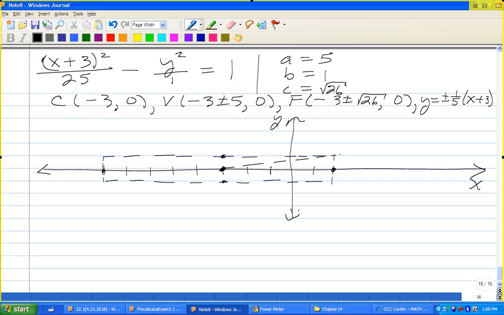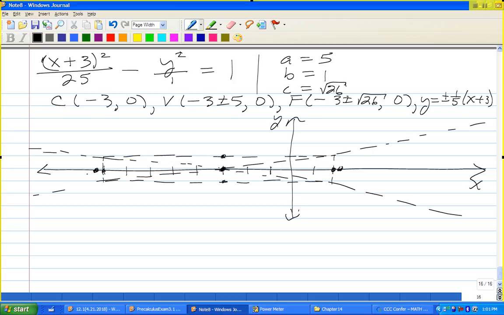My asymptotes. Looks something like that. And the thing that's positive is x. Okay, square root of 26, that's 5. 1, 2, 3, 4. Okay, oh, that's close.